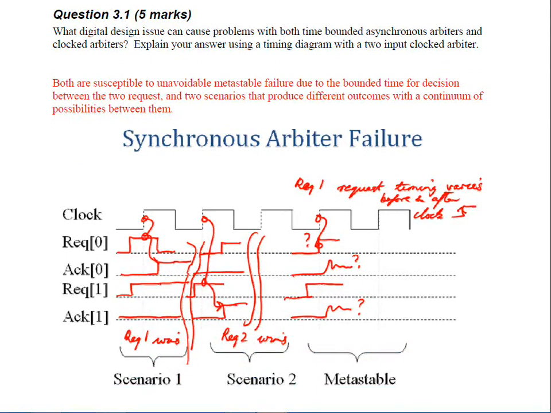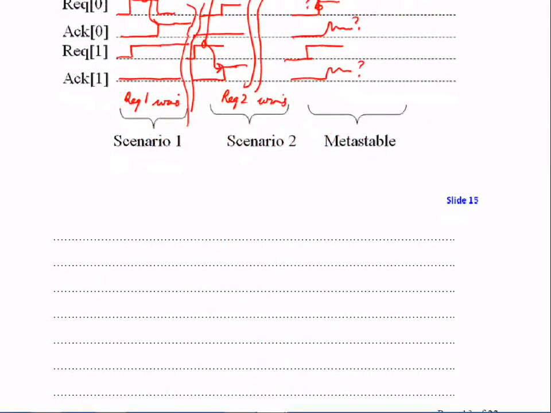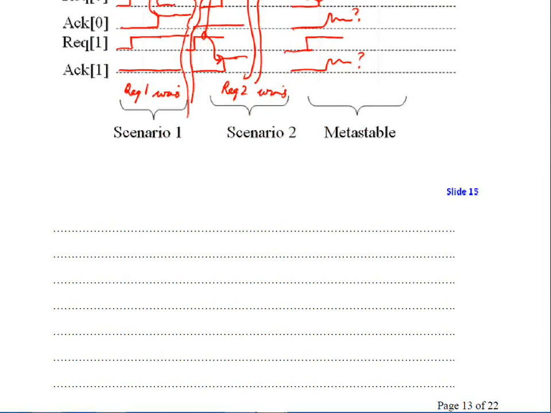Between those 2 scenarios, you can have a continuum of events, so you can slide one into the other. You'll end up with a crossover point where there's the metastable output. Any questions on that? No?